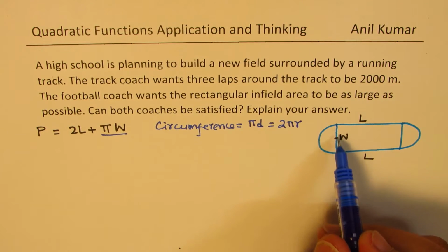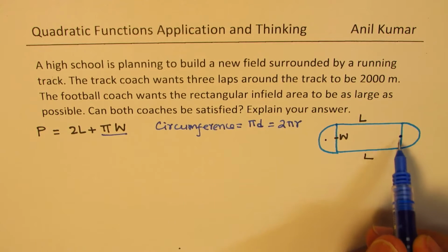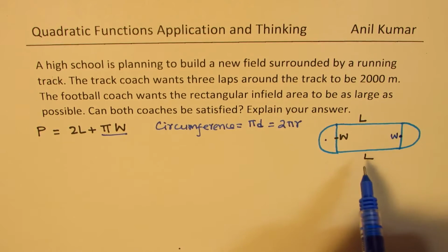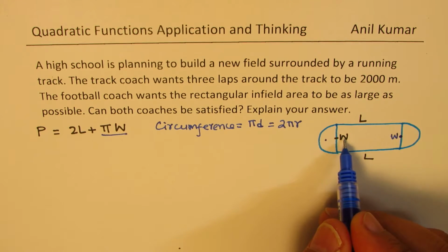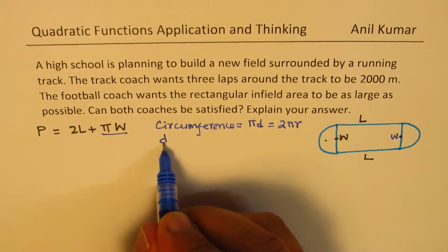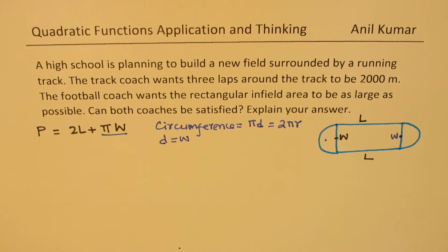Since we know that this is the diameter, with the half circles having the width as w, we'll use diameter d as w. In our case, diameter is w, so we'll replace with this.